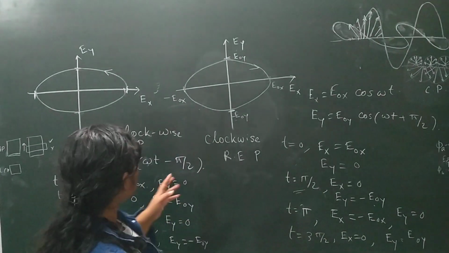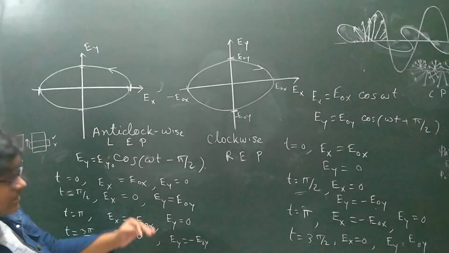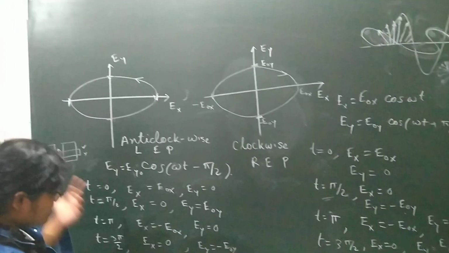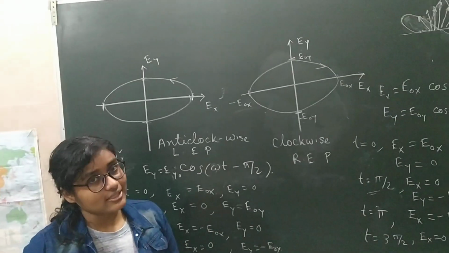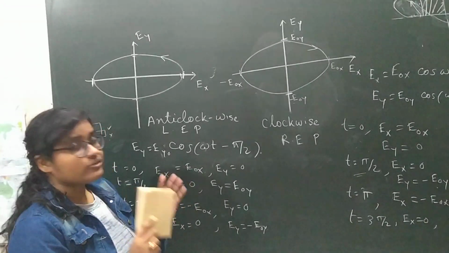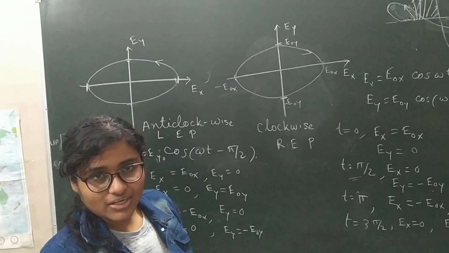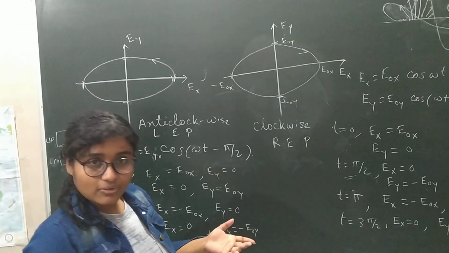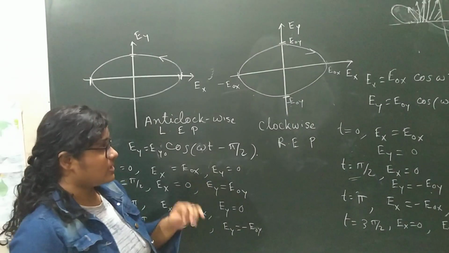The clockwise rotation means right circularly polarized or right elliptically polarized light, and the anti-clockwise rotation means left circularly polarized light or left elliptically polarized light. So how do you find out whether any elliptically or circularly polarized light is left or right polarized?